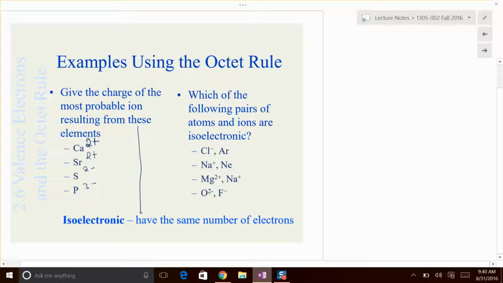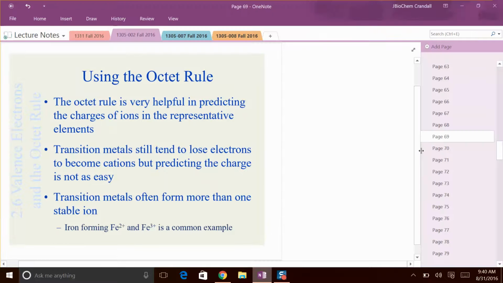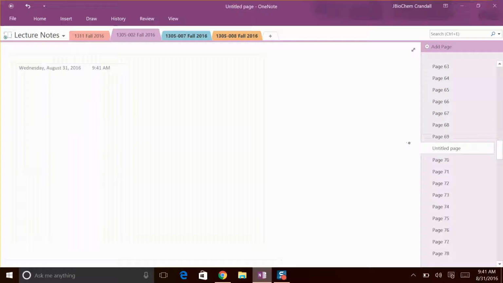Now, isoelectric, what it means to be isoelectric. Let me actually go back a page and just insert one here. So, isoelectric means that you have the same electron configuration as somebody else. Who is isoelectric with O2 minus? Hold on.